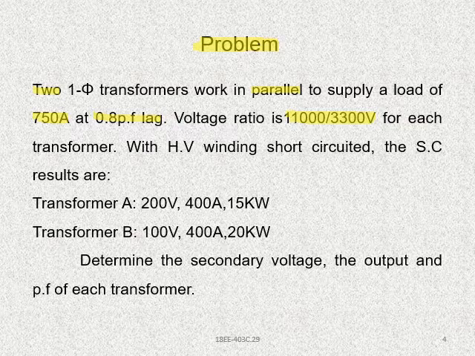With the HV winding short circuited, the SC results are: transformer A has 200 volts, 400 amps, 15 kilowatts, and transformer B has 100 volts, 400 amps, 20 kilowatts.